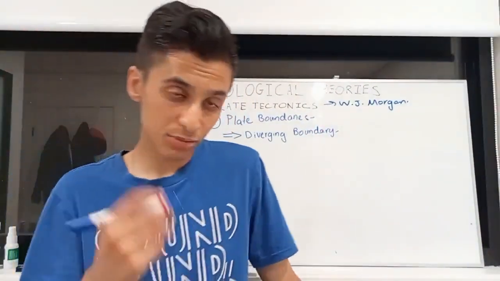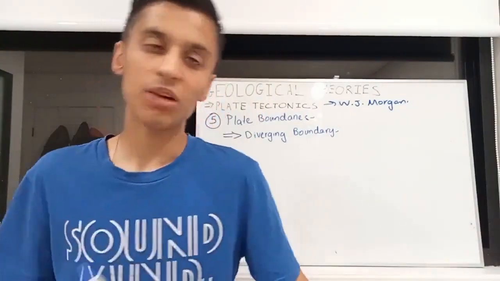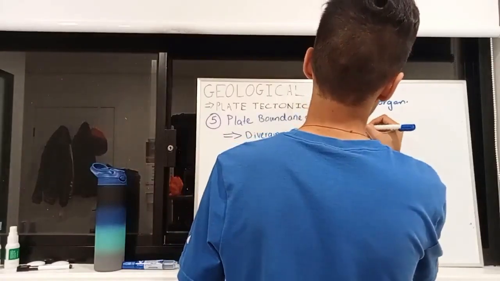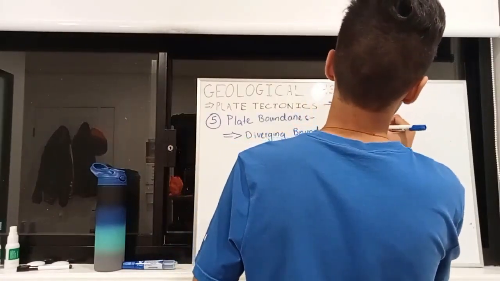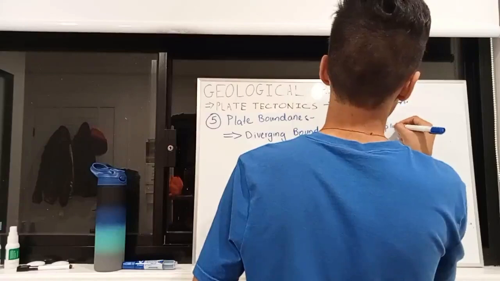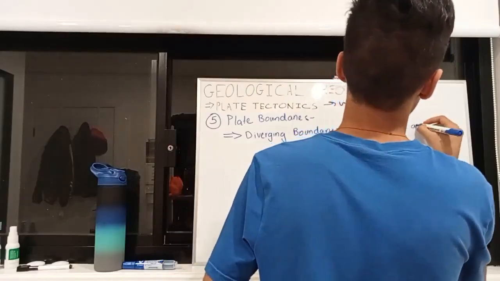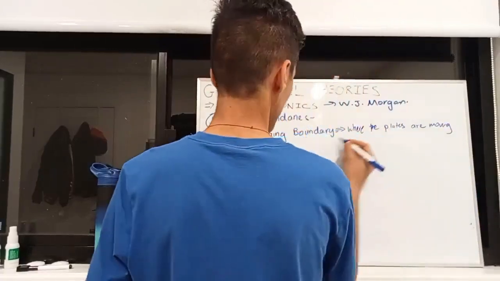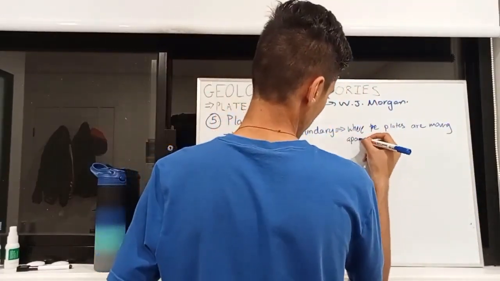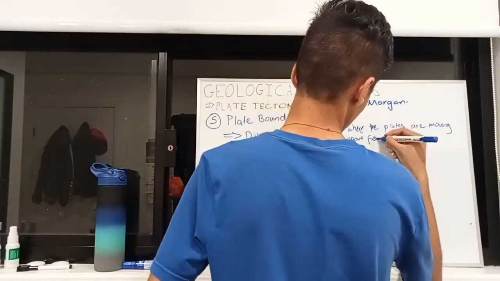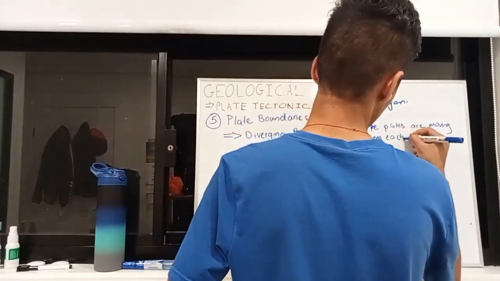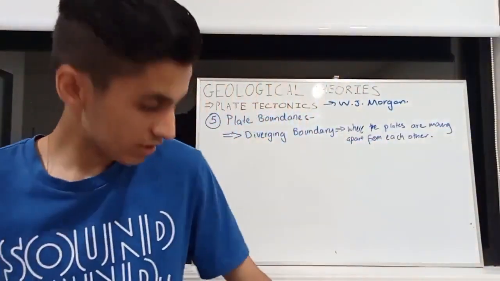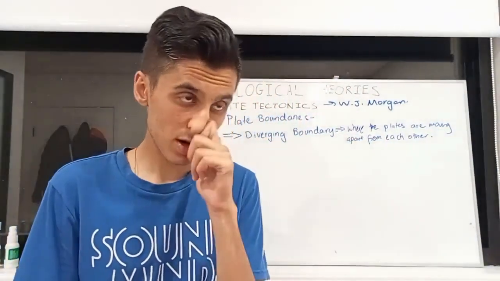Right, a diverging boundary is where the plates are moving apart from each other. And this is noticed at mid-oceanic ridges, alright?